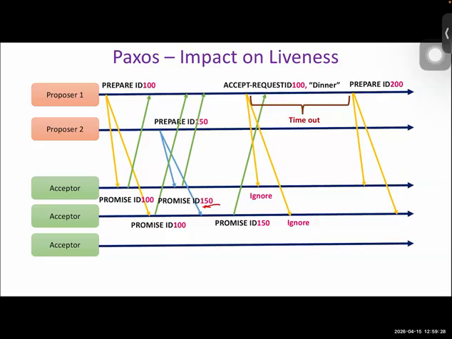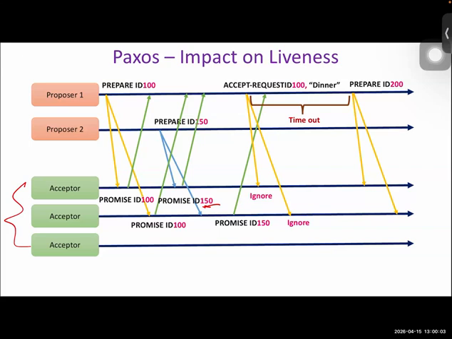The important properties of PAXOS here are, first, safety, which is never broken. Only one value can ever be chosen, and no two learners decide differently. Then fault tolerance: PAXOS works as long as a majority of the acceptors are live.